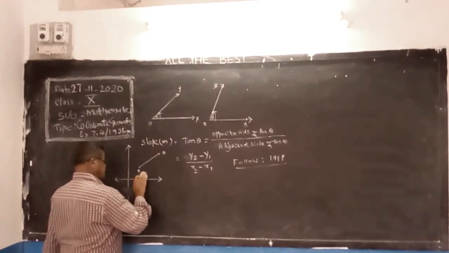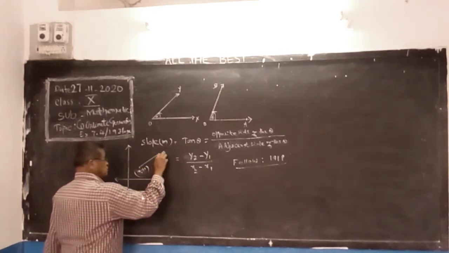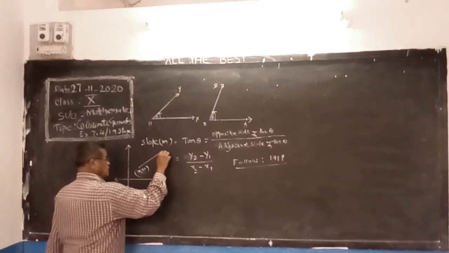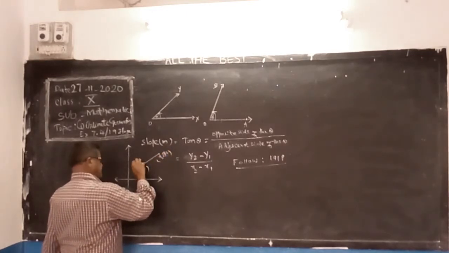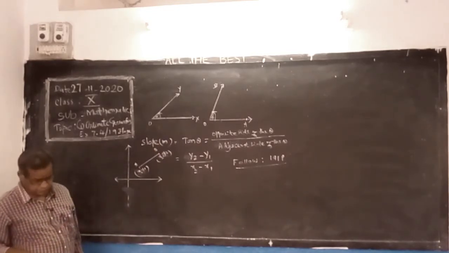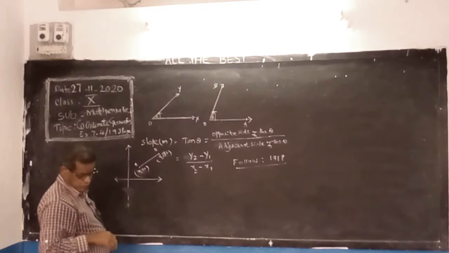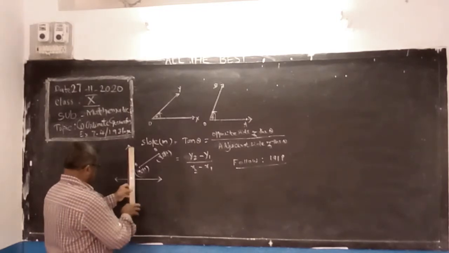Say this is x1, y1. This is x2, y2. This is A, B. Let us draw the perpendiculars.